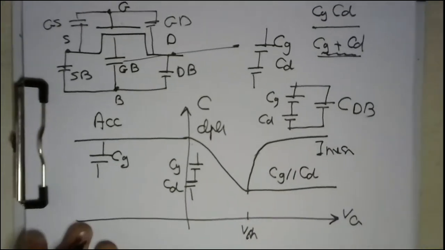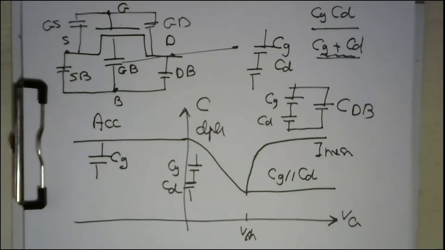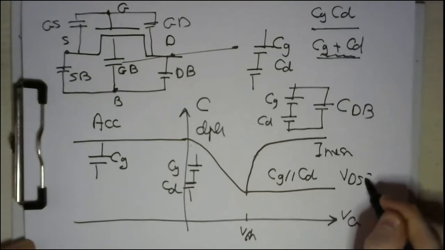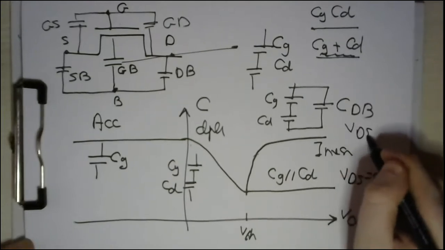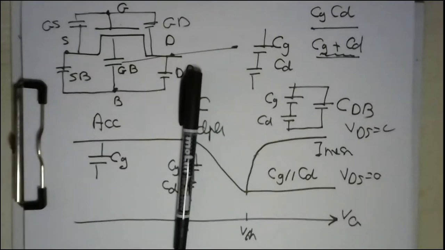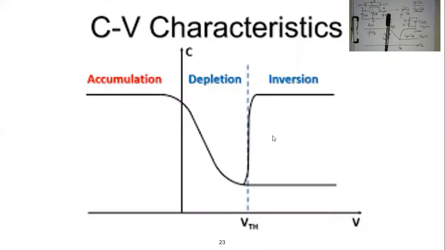These are the three main regions of operation where you have different biasing conditions, either VDS equals 0, or you have a positive VDS. This is the case. So this is how we can demonstrate the capacitance inside the MOSFET in different regions, as you can see.